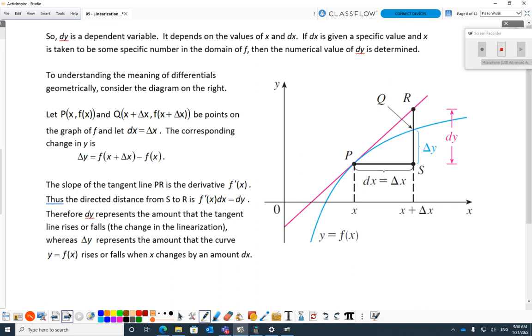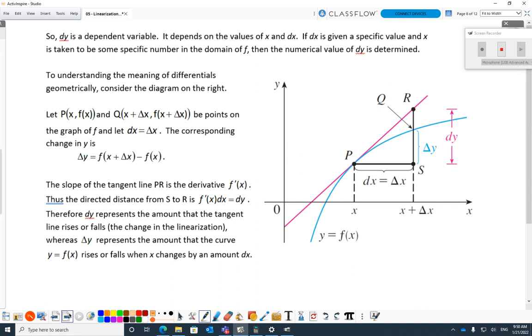So the corresponding change in y is f of x plus delta x, right there, minus f of x. That's the delta y. The slope of the tangent, PR, right there, is f prime. Thus, the directed distance from S to R, here to here, is this dy we're talking about, f prime of x times dx.